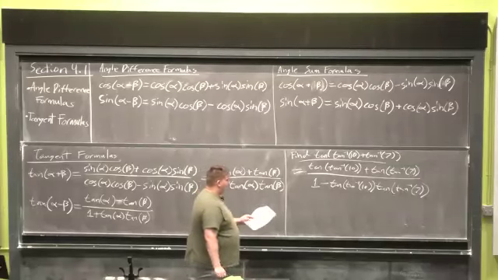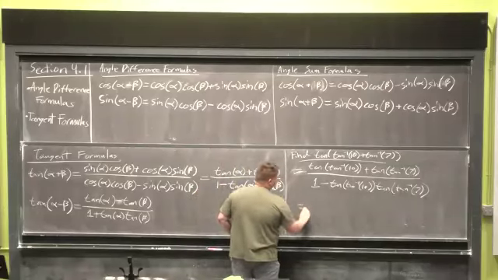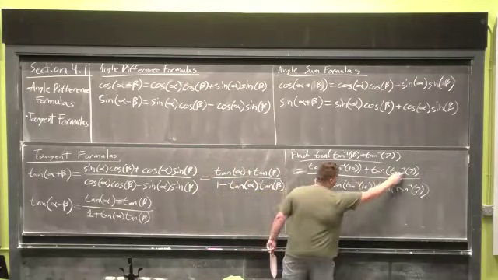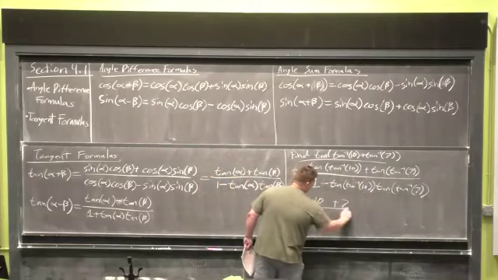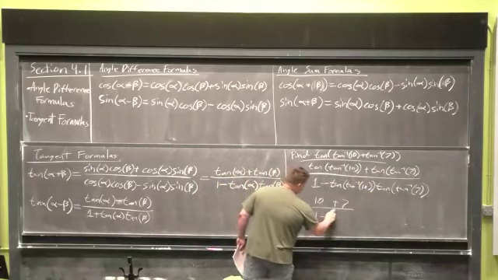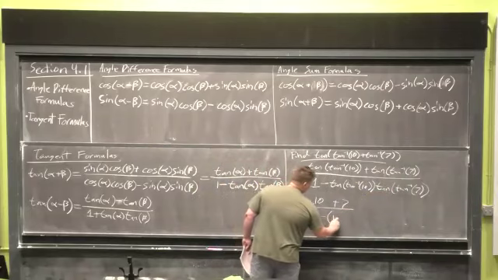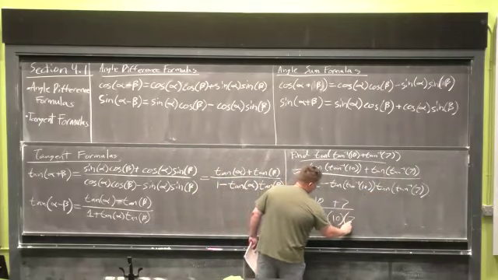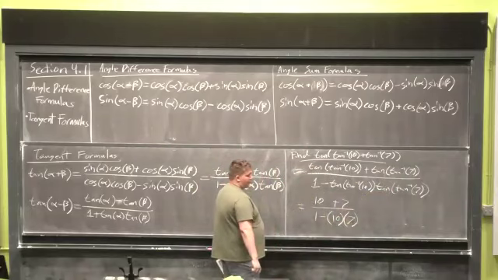And now we can simply go tangent inverse of 10, that's 10, plus tangent inverse 7, that's 7, all over 1 minus tangent inverse 10 is 10, tangent inverse of 7 is 7.